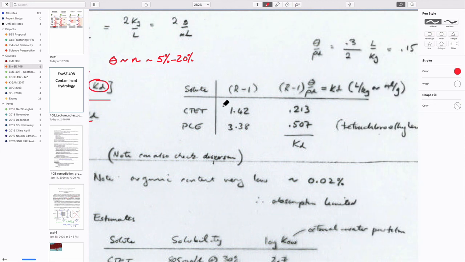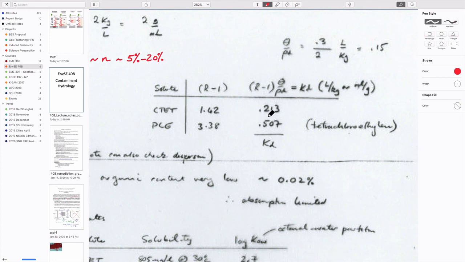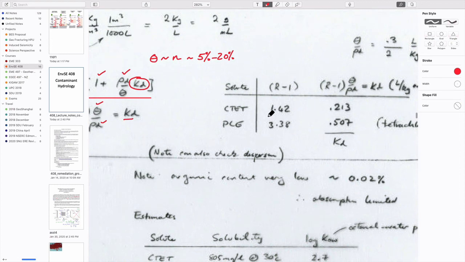And so we won't do anything with these values here today, but we will come back to this example and talk about the effects of sorption and try to calculate what the Kd values are by using some empirical relationships that define the behavior of organic solvents in attaching to organic carbon that is present in the aquifer. So that's the last thing that we'll do with that.